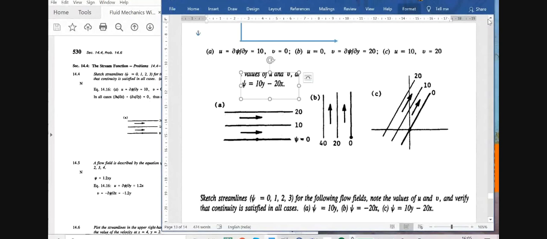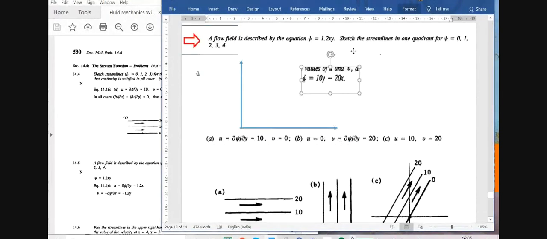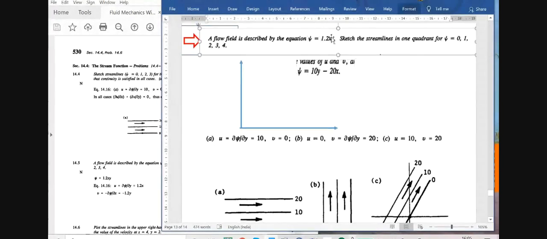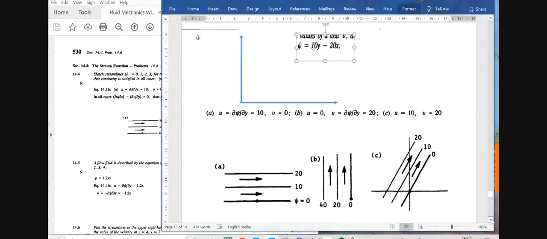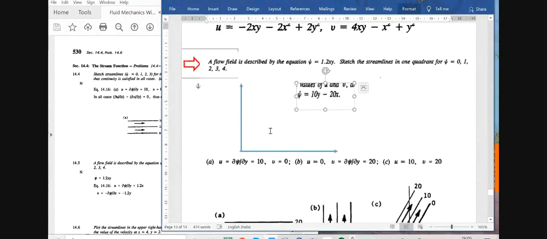So this is one problem, psi is equal to 1.2xy, and the other problem is psi is equal to 10y minus 2x. So all of you work out these two problems. Now I will stop here.